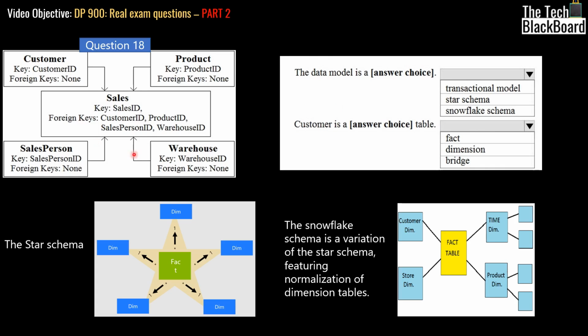Yes, I think you already guessed it with me. This is a star schema. Now let's see what the customer is. I already told you we have a fact in the center and dimensions on the outer part. So the customer is a dimension here, and that's the right answer.